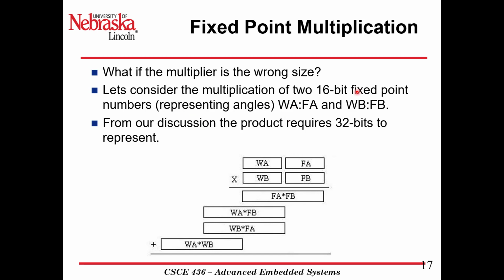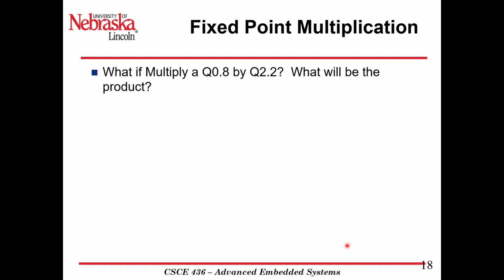Again, for this one, if you have 16-bit fixed point numbers, the product would require 32 bits. So you're shifting left by 8 for these portions here. You're doing this multiplication. What if you don't have two operands that are the same fixed point? What would be the product of that?